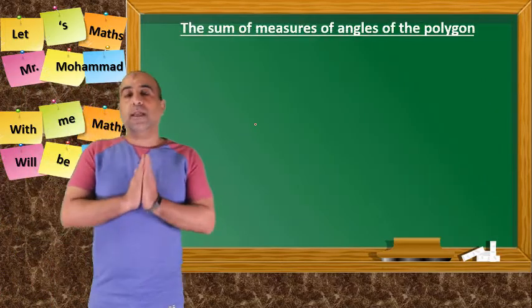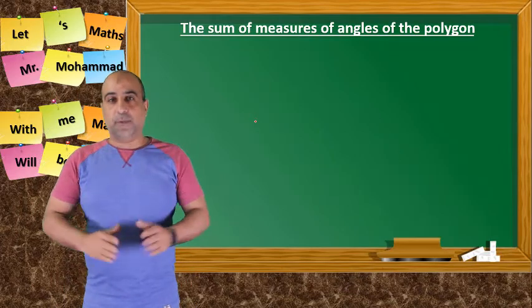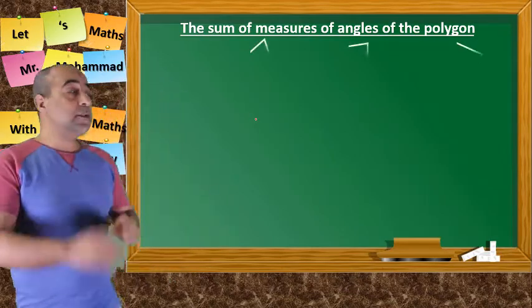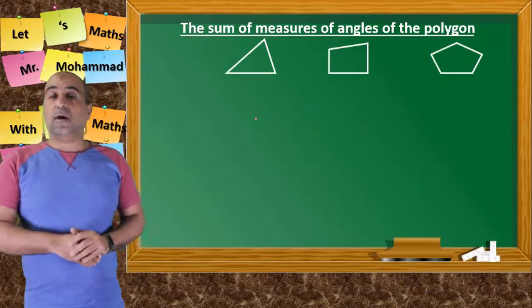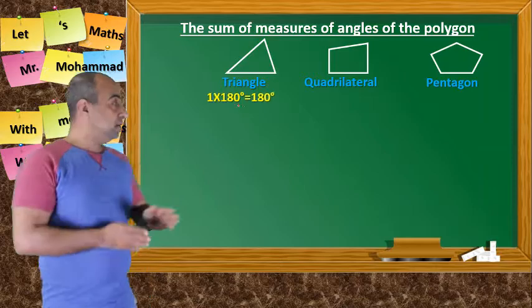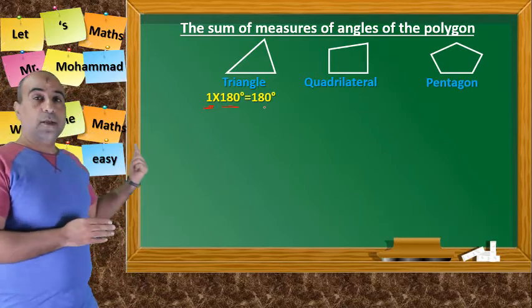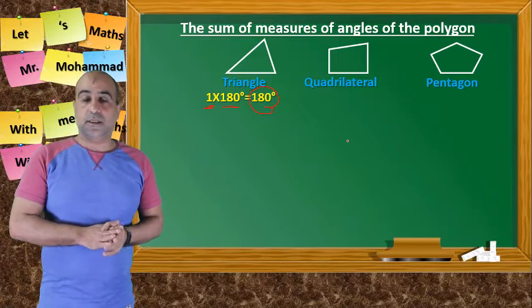And now let's find the rule to find the sum of the angles of any polygon. First, we know that the sum of the angles of the triangle is 180 degrees. It's one triangle, so 1 multiplied by 180 equals 180 degrees.